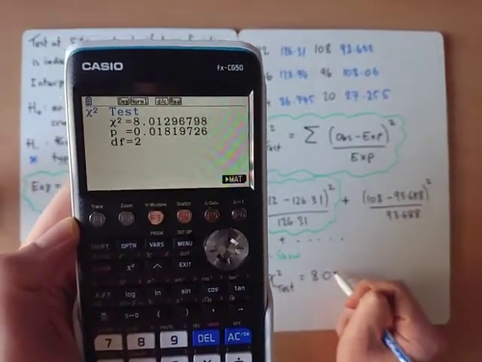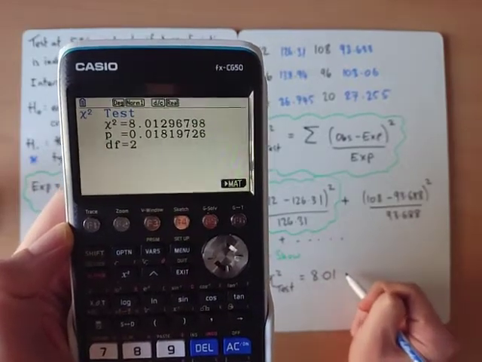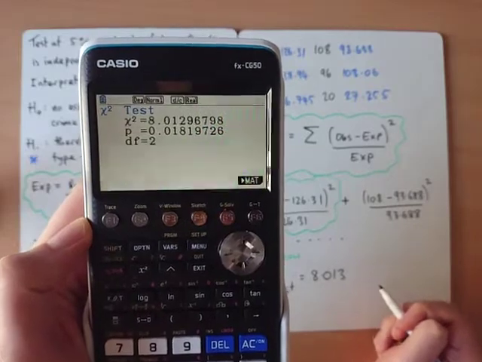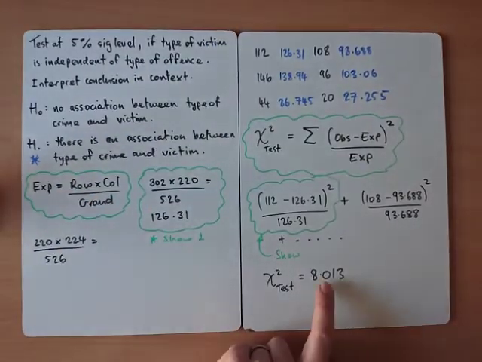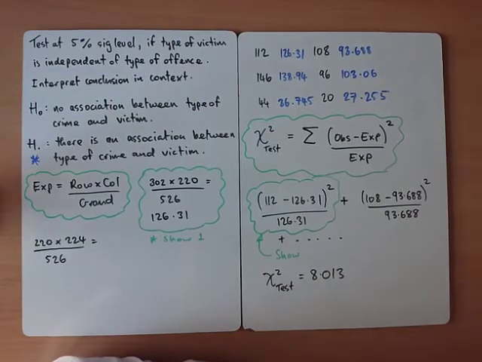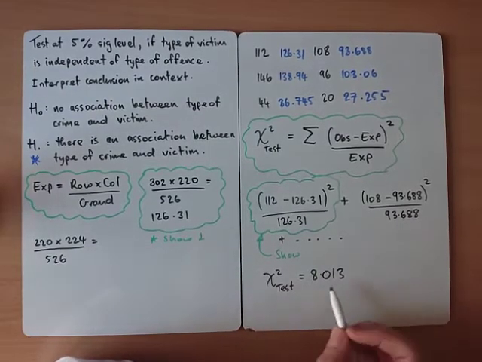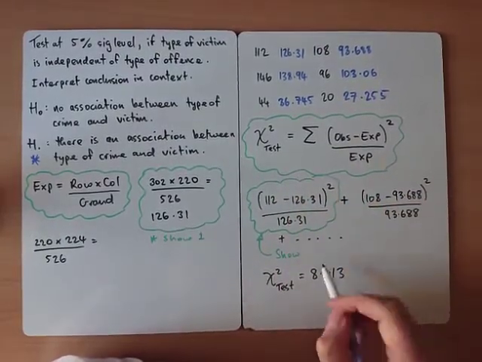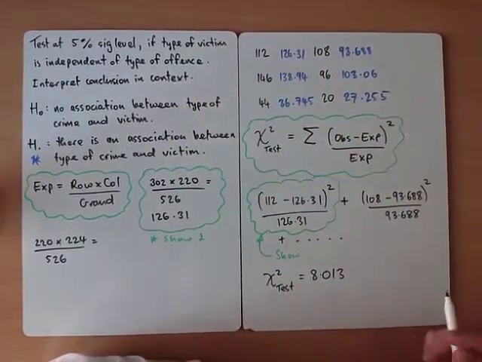So 8.013296. I'm going to use 4 significant figures for this. Remember, use at least 3, but I would always use a minimum of 4. So our test stat looks like this. Think of it as a measure of how far away these values are.